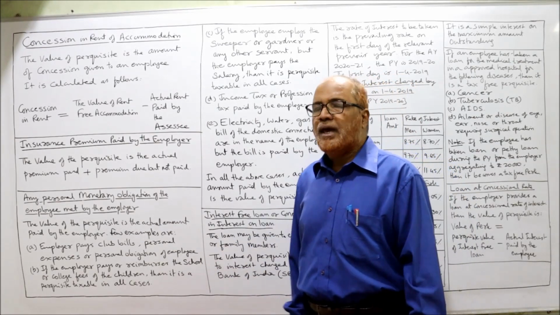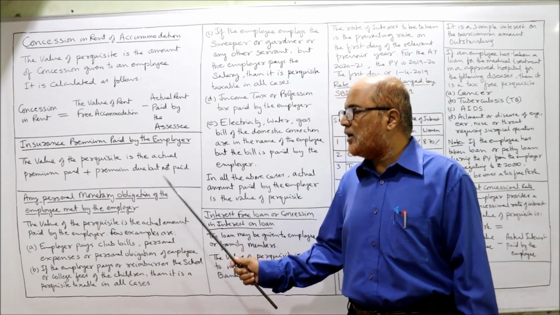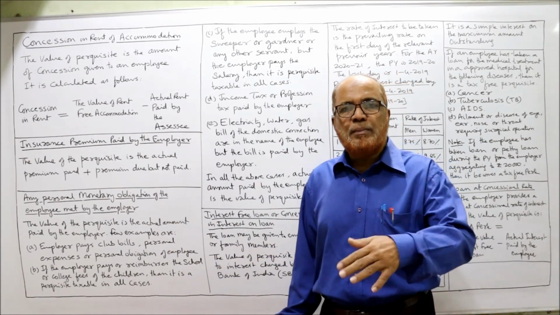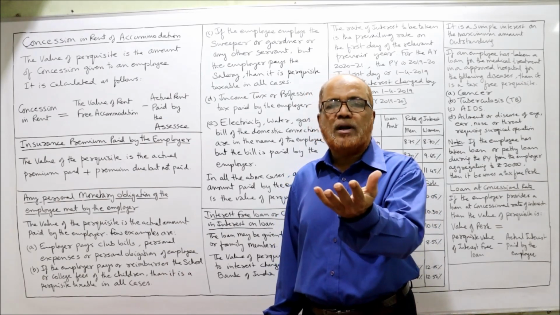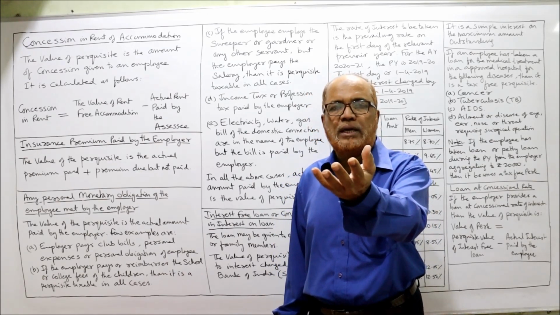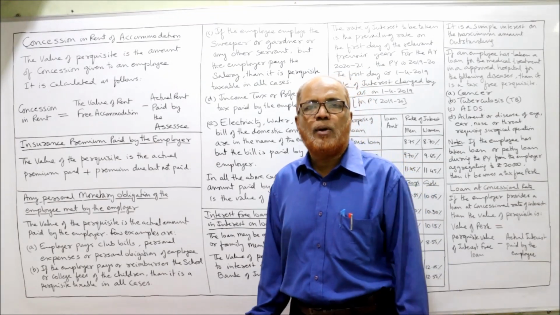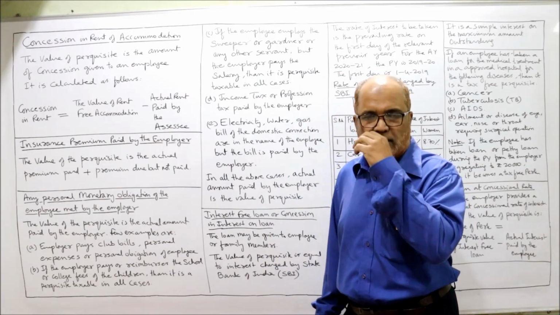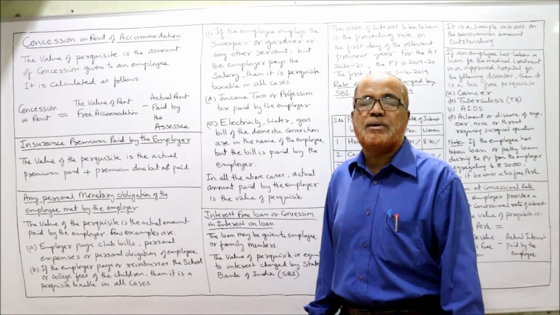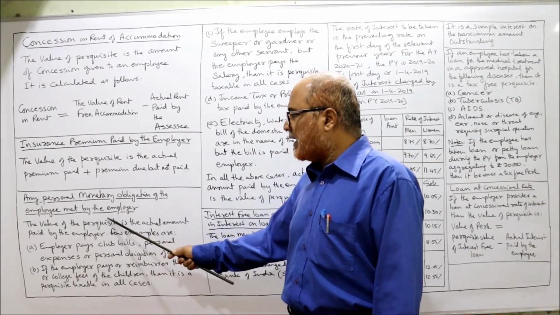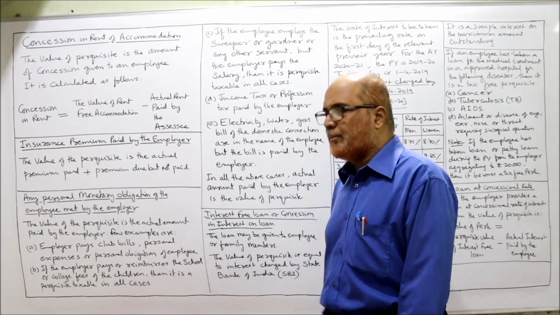Now the third one, any personal monetary obligation of the employee paid by the employer. There may be cases where it's a monetary obligation of the employee, but the obligation is paid by the employer. What are the examples? The value of the perquisite is the actual amount paid by the employer.